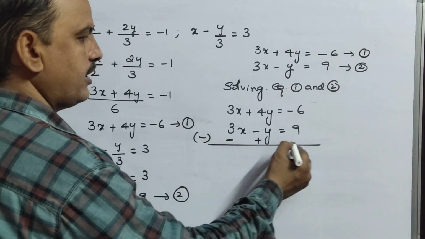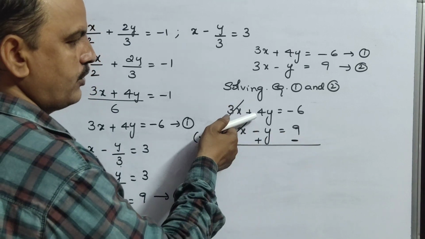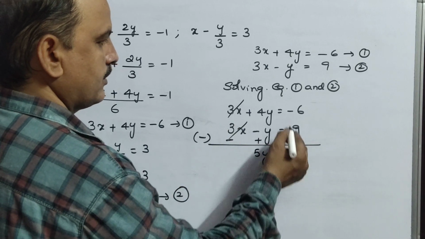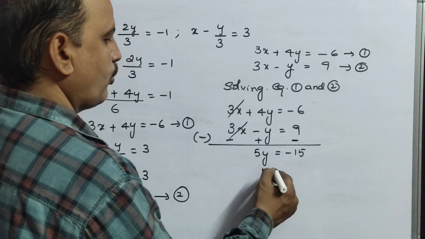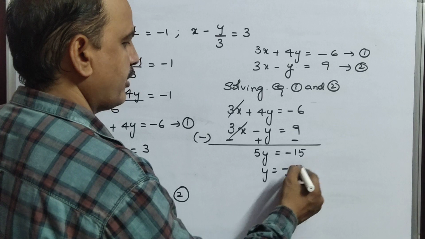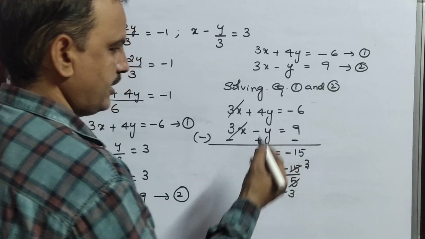Subtraction means the signs will change. So 3x minus 3x gets cancelled. 4 plus 1, so 5y. Minus 6 minus 9, so minus 15. So y equals minus 15 by 5. 5 ones are 5, 5 threes are 15. So y equals minus 3.